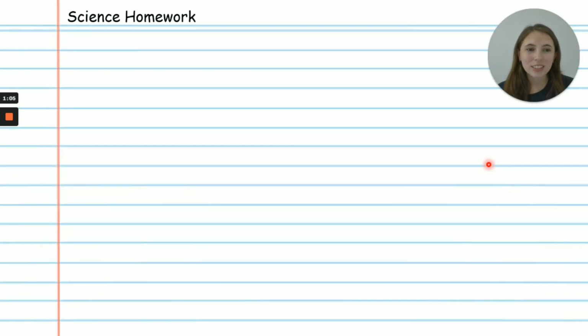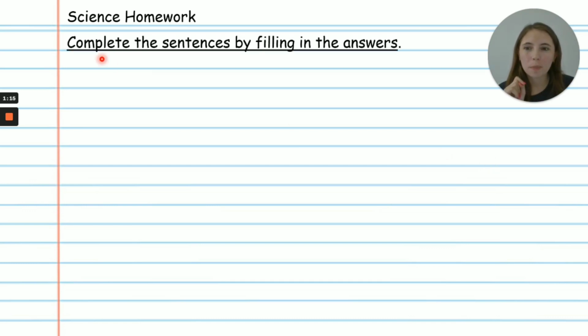For our science homework, we have 5 questions. So write it down. Complete the sentence by filling in the answers, and underneath it, you draw a line.